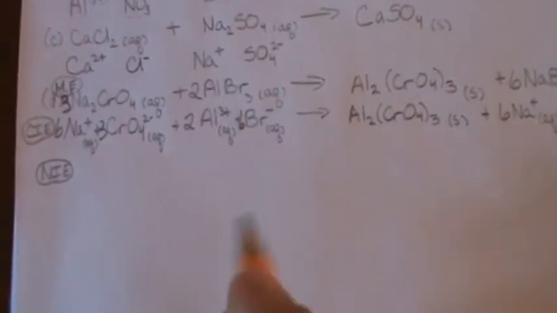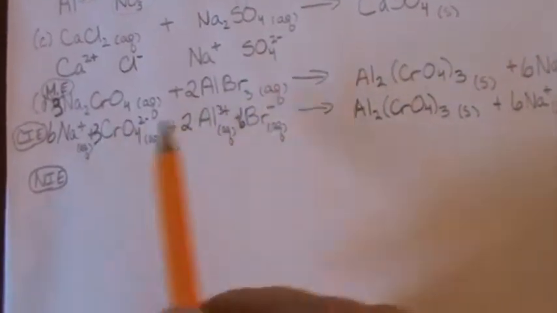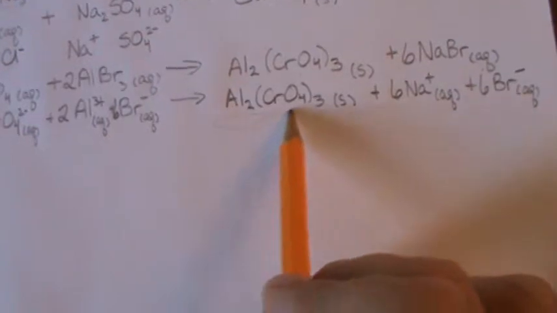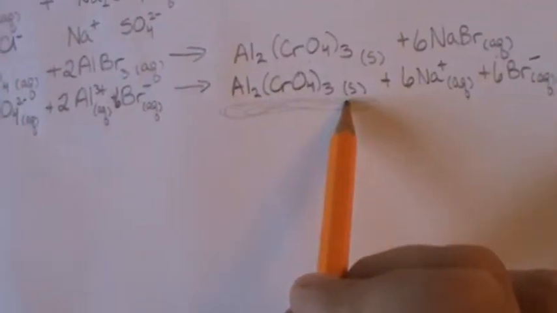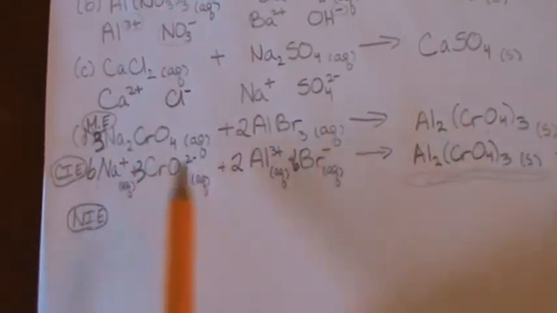All right, so that is the complete ionic. Now for the net ionic, we're just going to include the things that are in our product. We're going to look at the things that change. So we have the sodium and bromide ions here, and the sodium and bromide ions here, and those don't change.